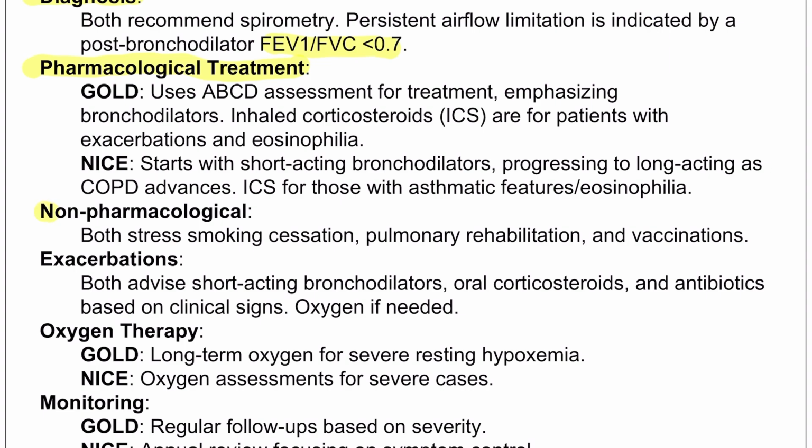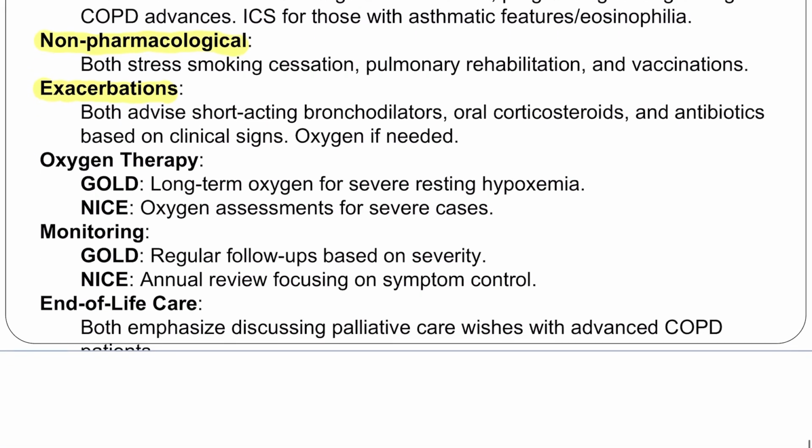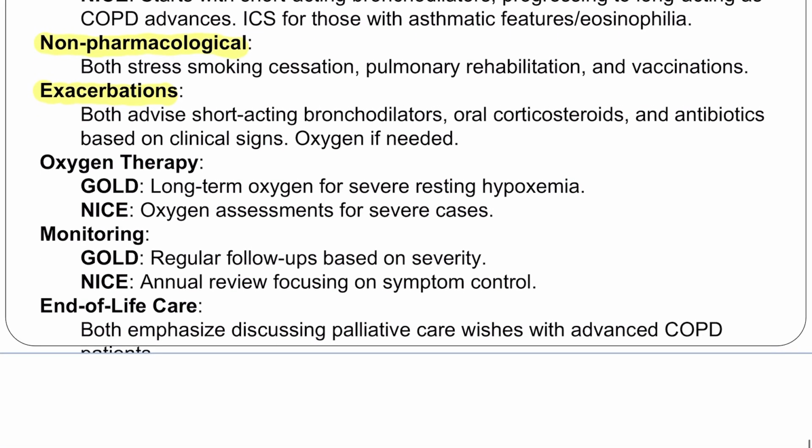Non-pharmacological: they both stress smoking cessation, pulmonary rehabilitation, and vaccination. Okay, remember this one. Exacerbations: they both advise short-acting bronchodilators, oral corticosteroids, and antibiotics based on clinical signs, and oxygen if needed. What about oxygen therapy? GOLD says long-term oxygen for severe resting hypoxemia.